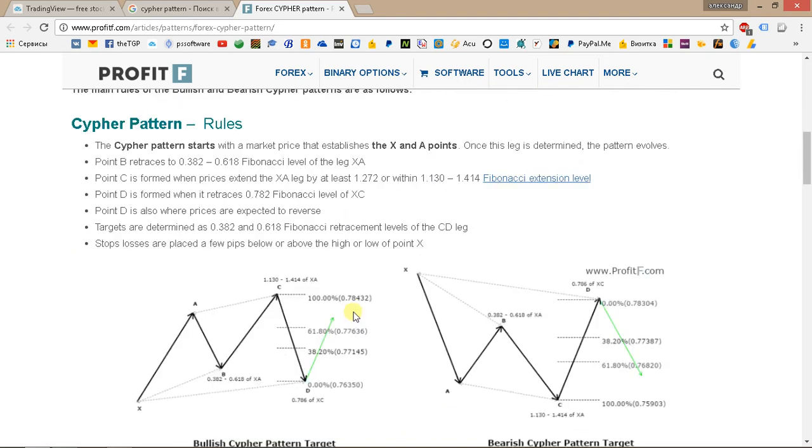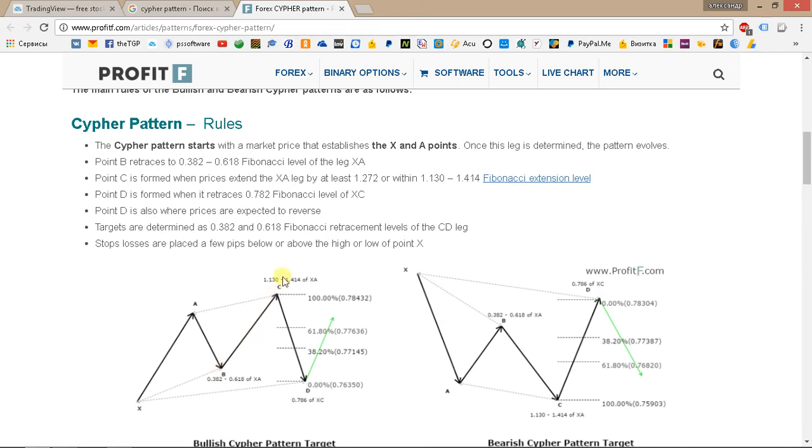Let me show it. If the B point is deeper, just somewhere here, you see? So this level of pattern completion should be lower than this B point.